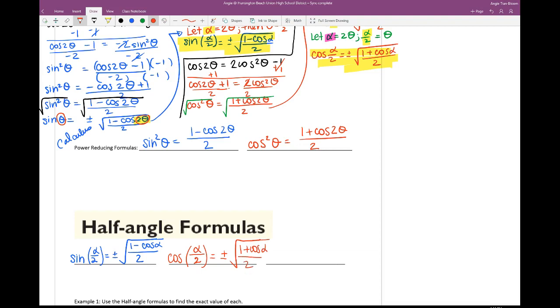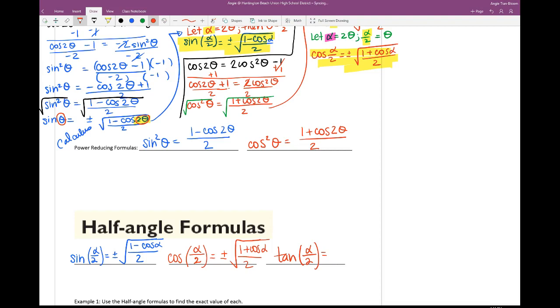I will also need tangent of half angle, but tangent is just really what? Sine divided by cosine. And so when I do sine divided by cosine, the denominator of 2 will cancel out, okay?